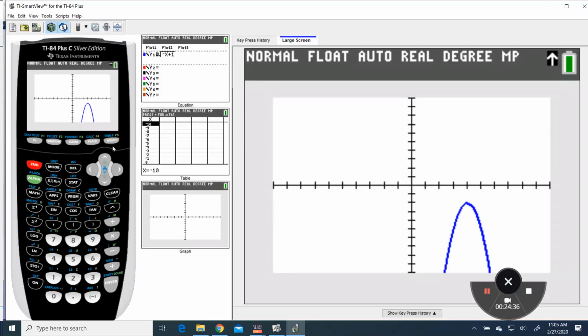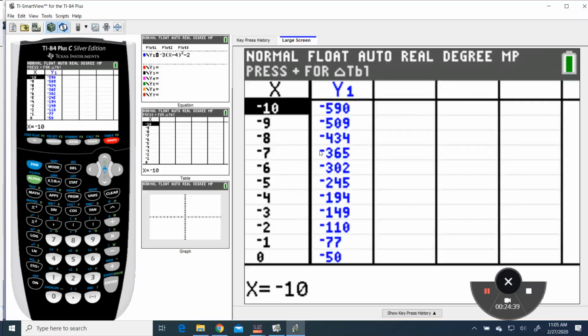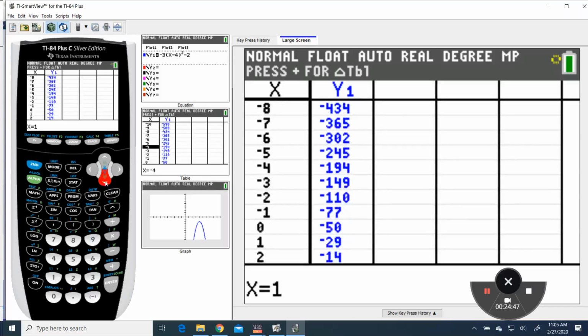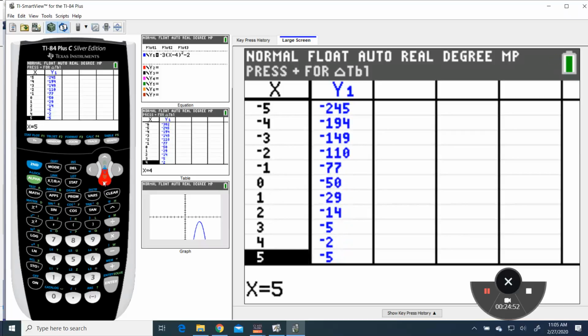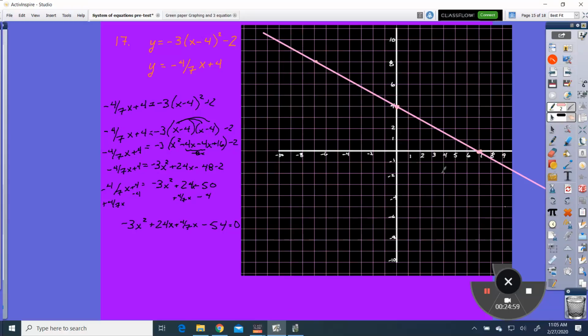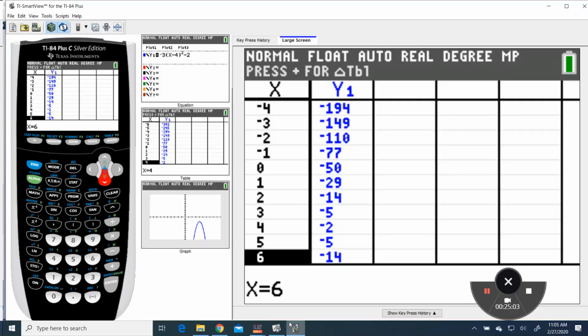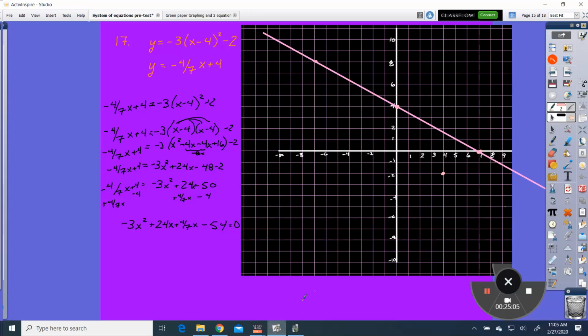So if I hit second graph, it's going to give me some points. They're not looking so good, but they are points. And get to a few more values that seem more manageable. So there's some values that work a little better. So 4, negative 2. And then 3 and 5 are both negative 5. So 3 and 5.